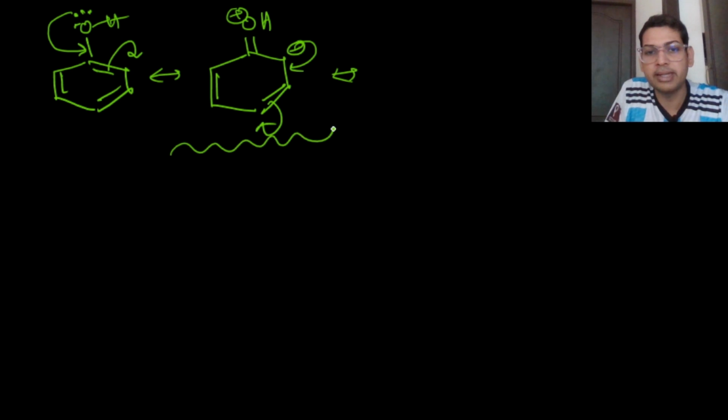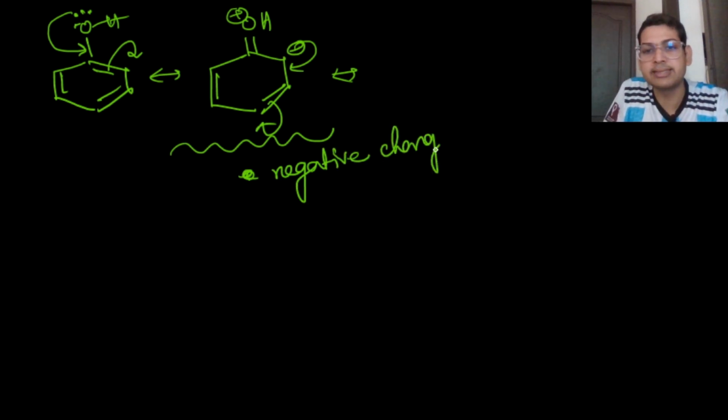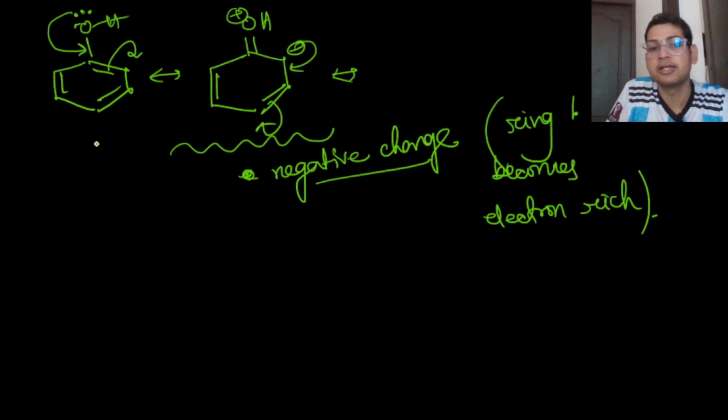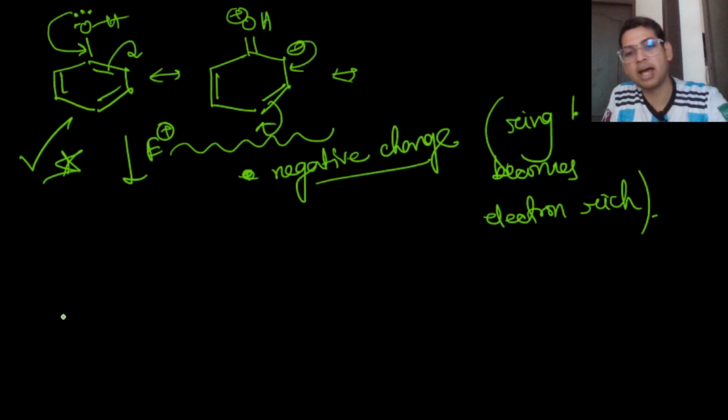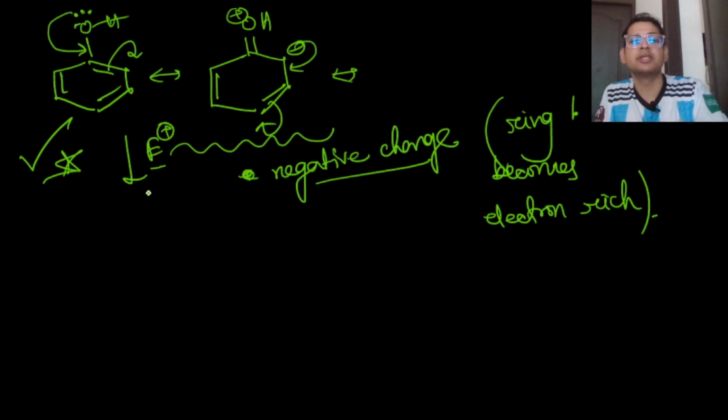So in the ring there is negative charge revolving in the ring. Can I say the ring becomes electron rich? Yes, definitely. So it satisfies the criteria to react with E plus, because E plus is electron deficient and this is electron rich, so this will react.